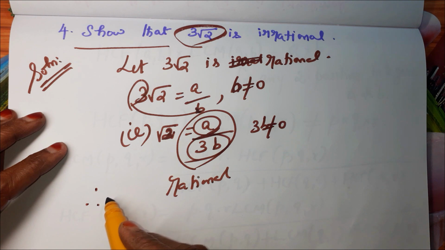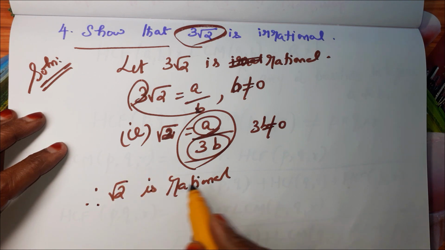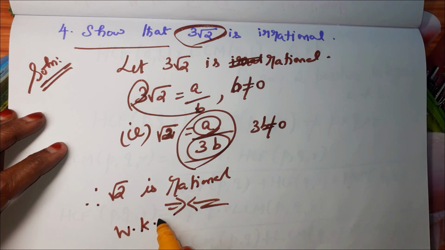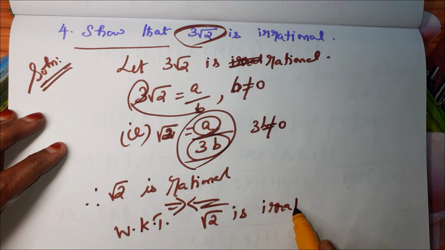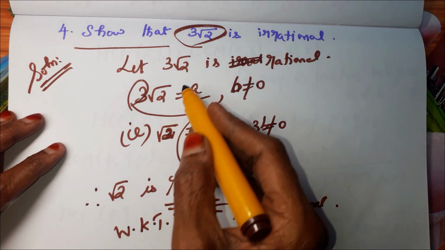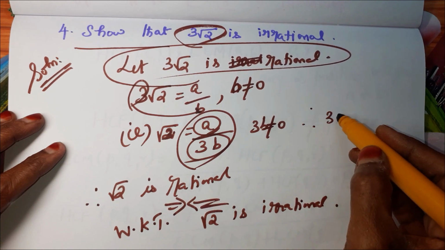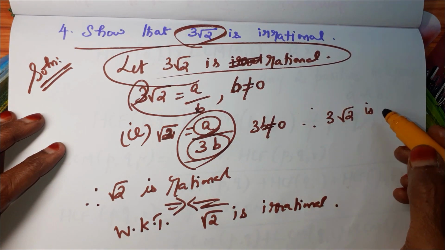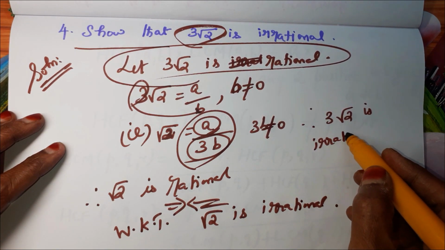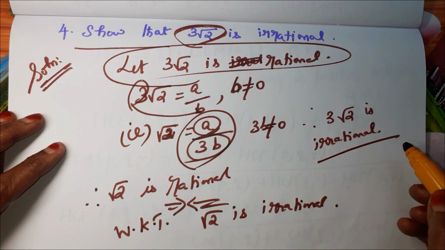So root 2 is rational, which is a contradiction because we know that root 2 is irrational. Therefore what we started with is not possible. Therefore 3 root 2 is also irrational. Is it clear?